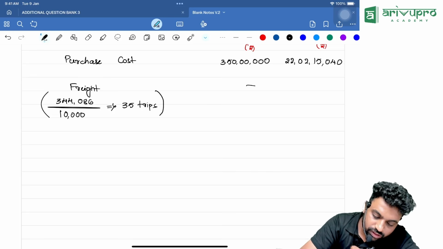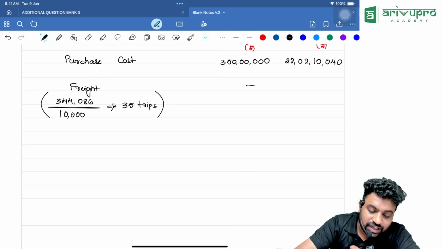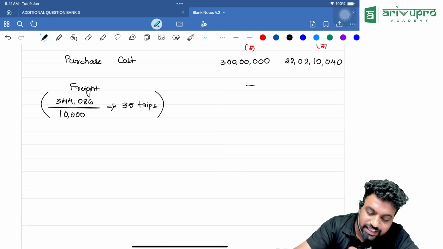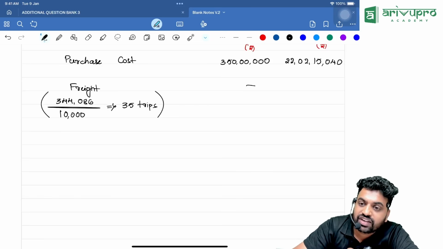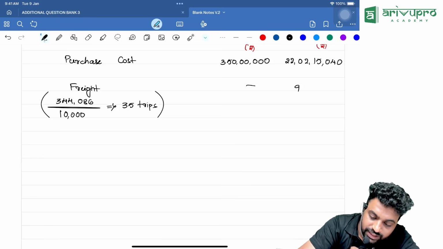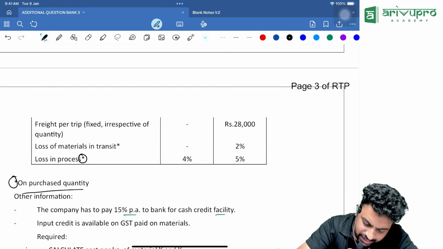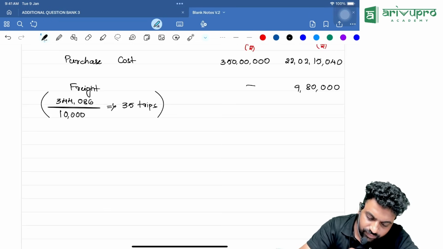Each trip will cost you 28,000. So 28,000 into 35 is 9 lakh 80,000. Anything else? No, right?